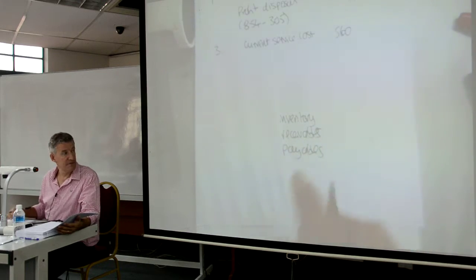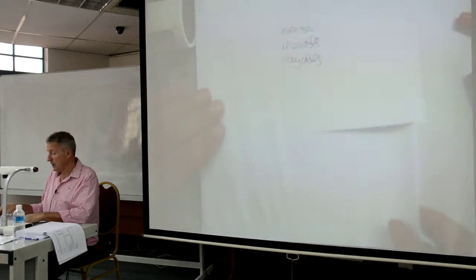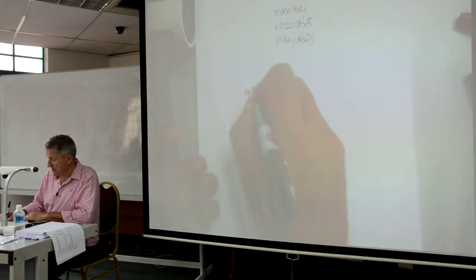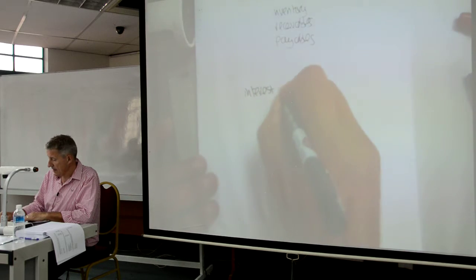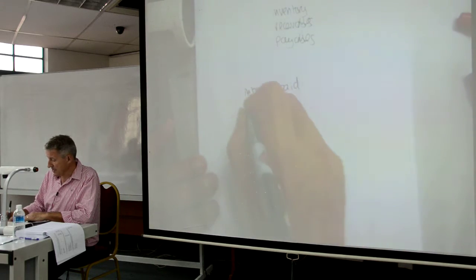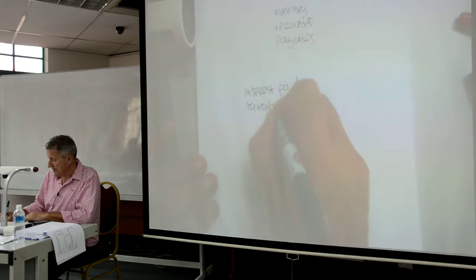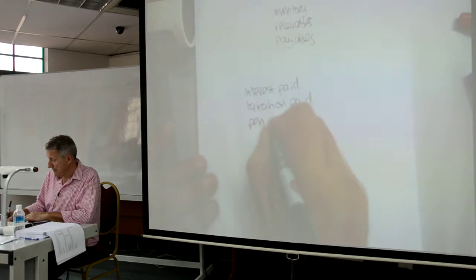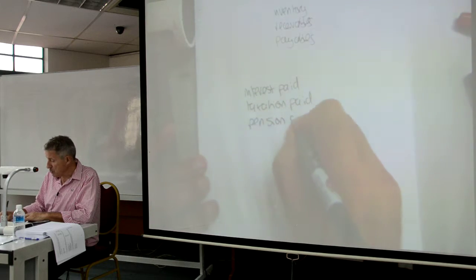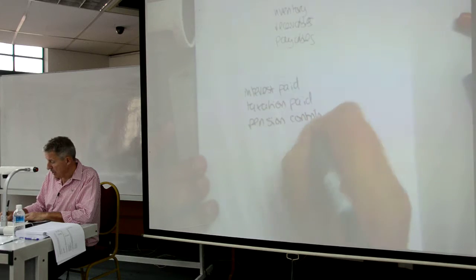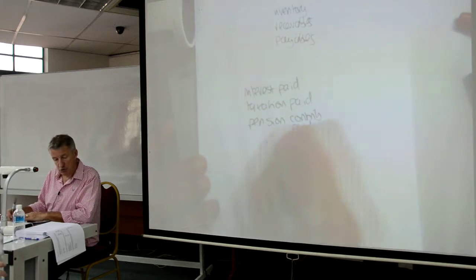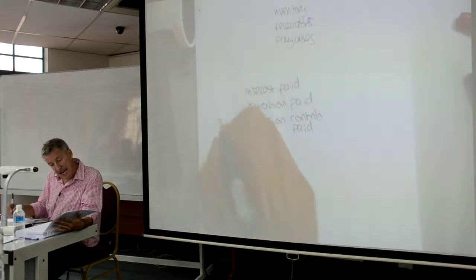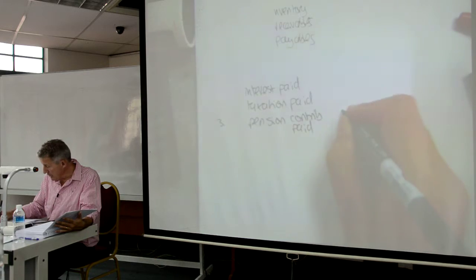And after I've dealt with those, I will then have my interest paid, my taxation paid, and my pension contribution paid. I know my pension contribution paid has been given to me at note number 3, and the pension contribution paid is 100.